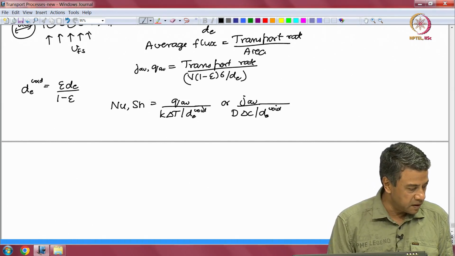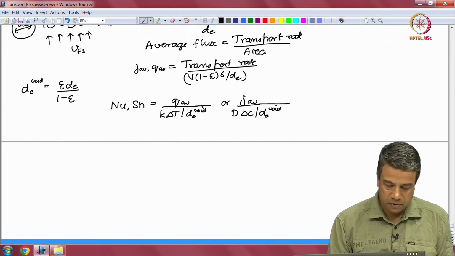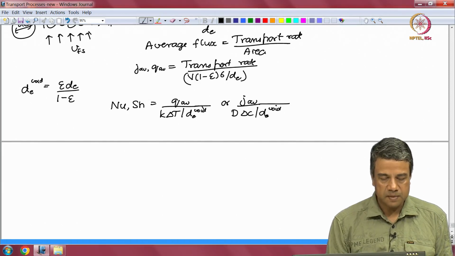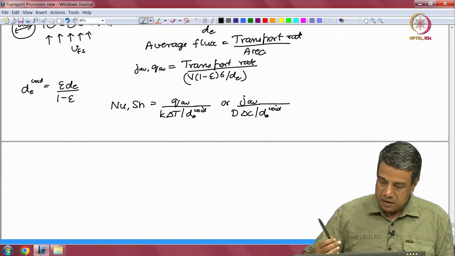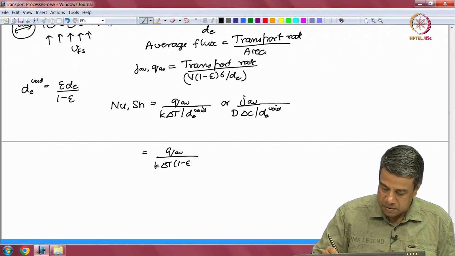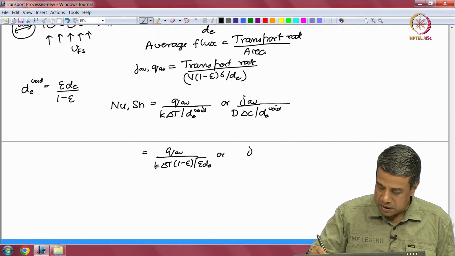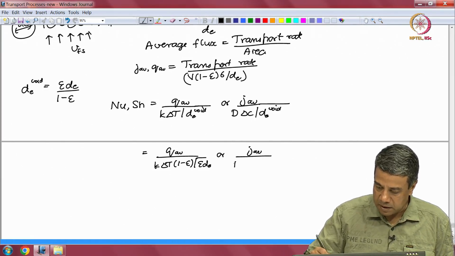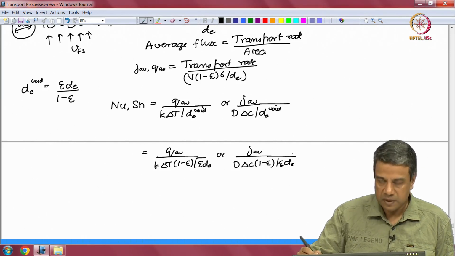And we had derived earlier that the void equivalent diameter is equal to the particle equivalent diameter times epsilon by 1 minus epsilon. Okay. We had derived this when we discussed momentum transfer for a packed bed. Okay. So, therefore, these are defined as Q average by K delta T into 1 minus epsilon by epsilon dE, or J average by D delta C.